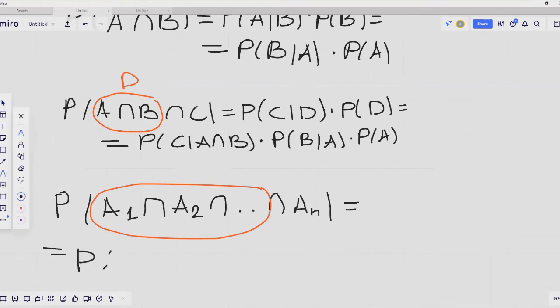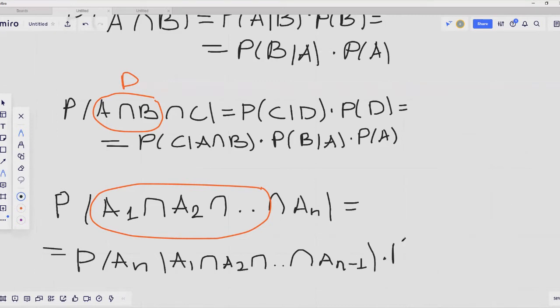So we have probability An given the intersection of these n-1 events, multiplied by probability of intersection of the first n-1 events.